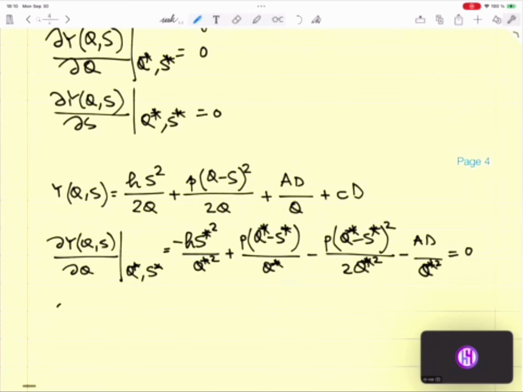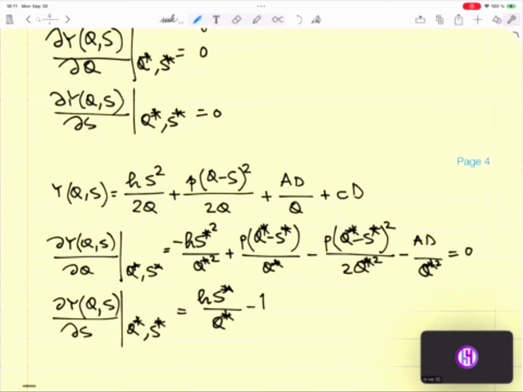And the second derivative, with respect to the other variable, equals h s star divided by q star minus p (q star minus s star) divided by q star, equals 0.